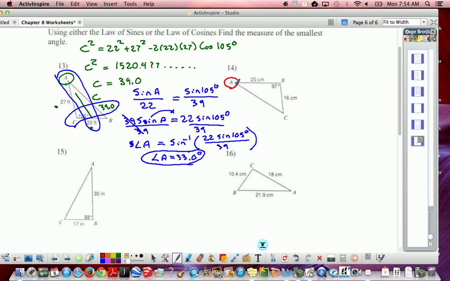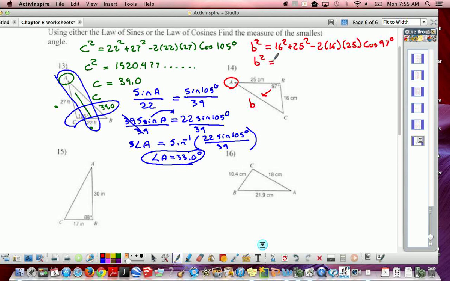On this one, I first need to find the third side, so I need to find little b across from the 97. Since I have side, angle, side, two sides and the included angle, use law of cosines. So b squared equals 16 squared plus 25 squared minus 2 times 16 times 25 times the cosine of that angle, which I believe was 97 degrees.